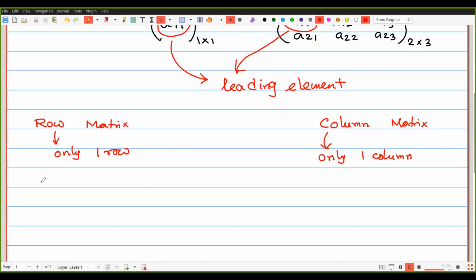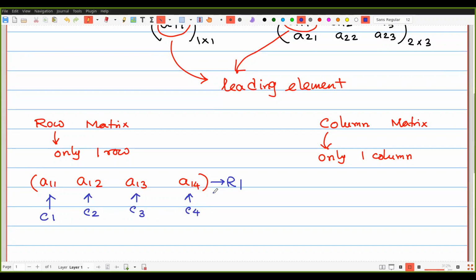Let us take an example. Suppose A11, A12, A13, A14. Now, if we look at the matrix, there is only one row, and the number of columns are column 1, column 2, column 3, column 4.